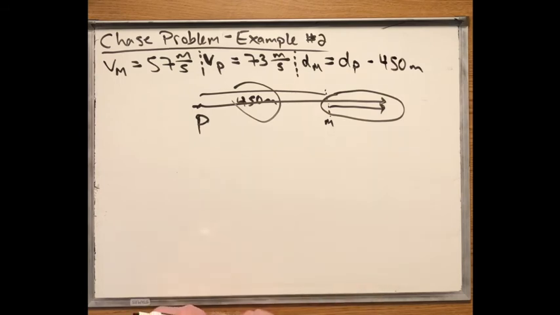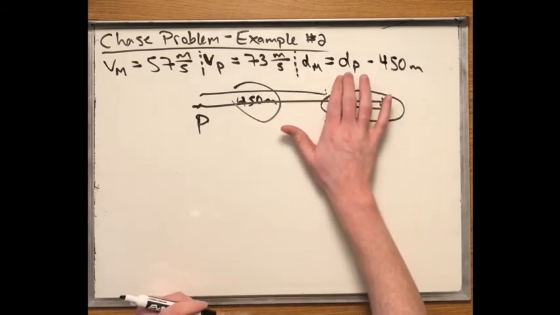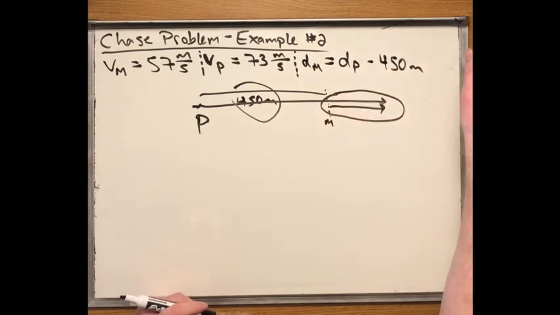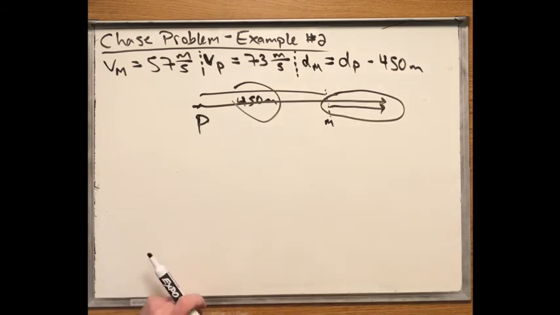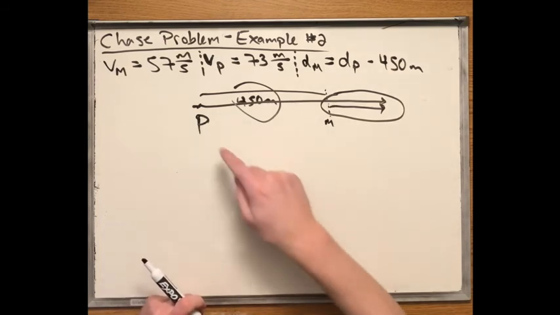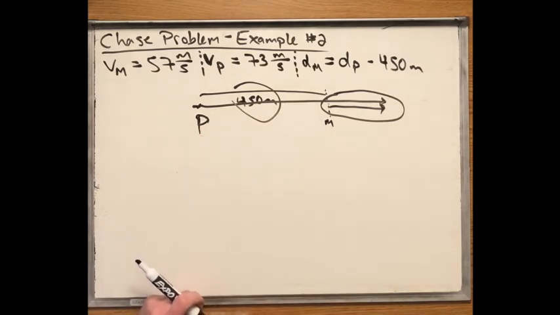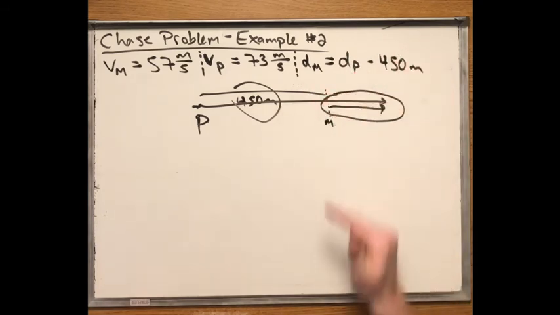Because what that's saying is that the distance the motorist is traveling is the distance the police officer is traveling minus something, which tells you that the motorist travels less distance than the police officer. And you should always realize that that makes sense because the person who's behind has to travel more distance in a scenario like this. We could confirm that if we just add the 450 to the other side.